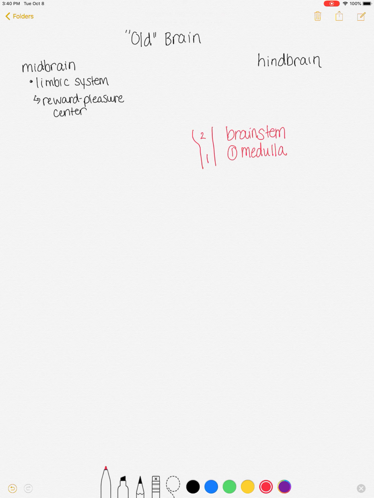The second is the pons. So what the medulla does, the medulla is our life support center. So this is going to connect with our life support functioning, so breathing and heart rate. So if this part's damaged, it's death.